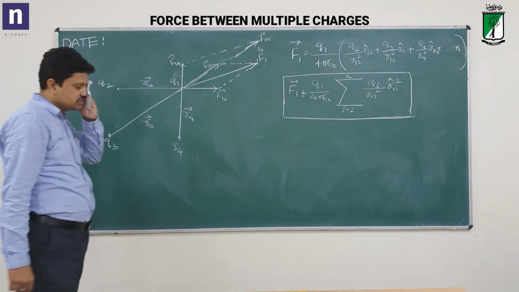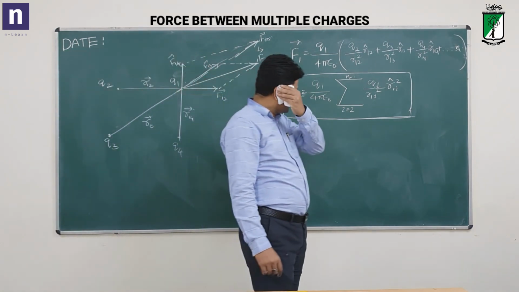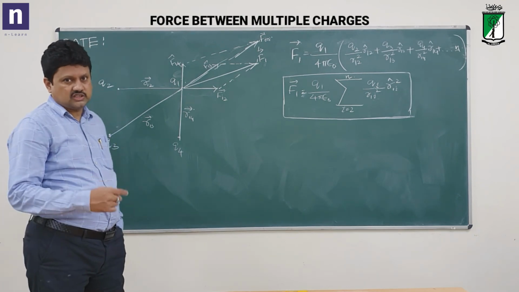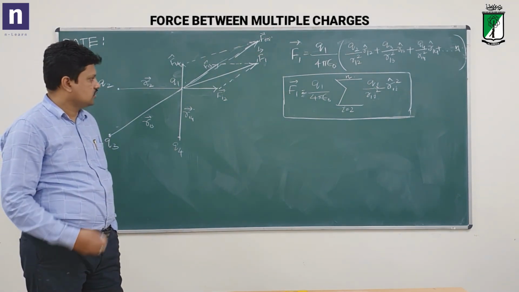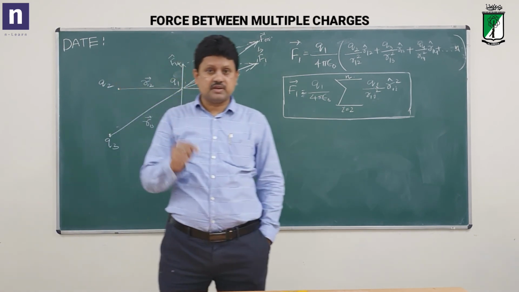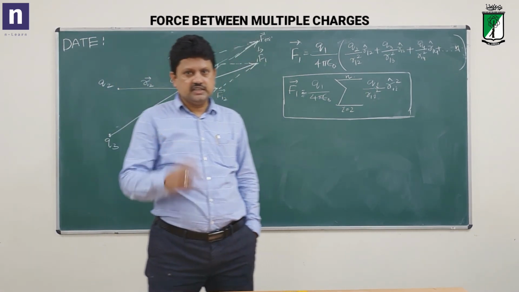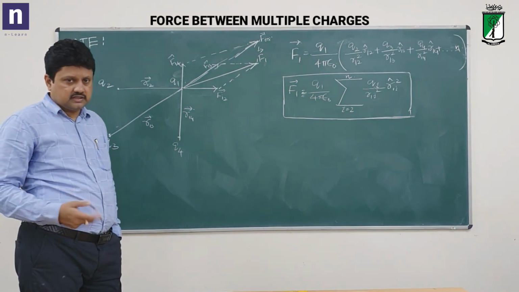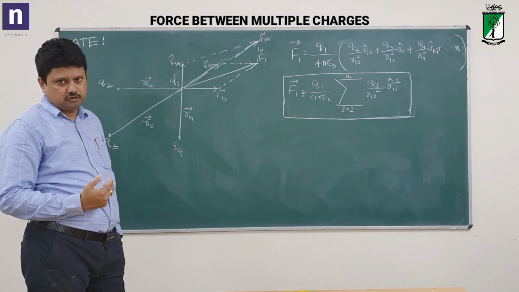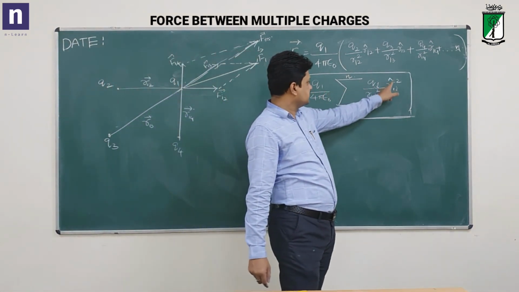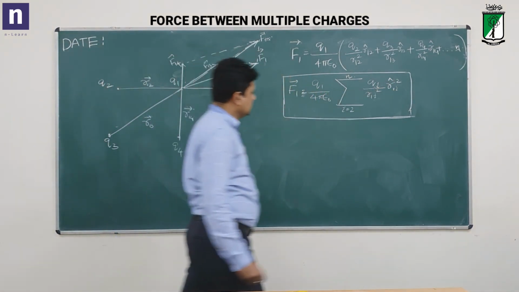I mean multiple charge system. So in a system of charges, every charge exerts a force on every other charge. So if there are n number of charges, there will be n minus 1 number of forces on each charge. So the result will be the sum of all these n minus 1 forces, and of course that is vectorial sum. So which we have represented as a vector symbol here. So that is the net force.